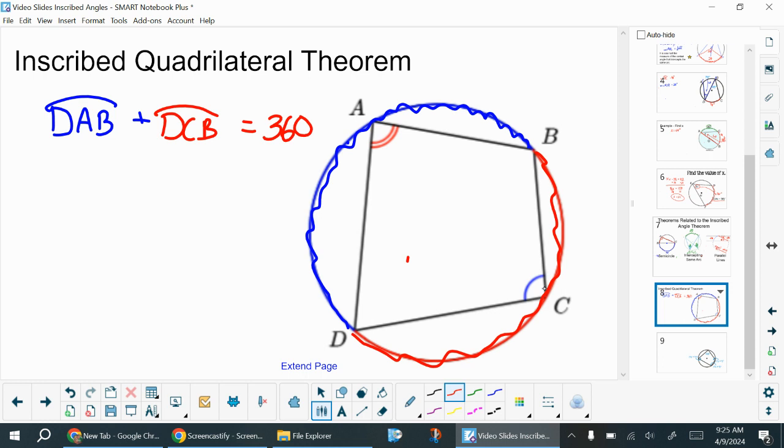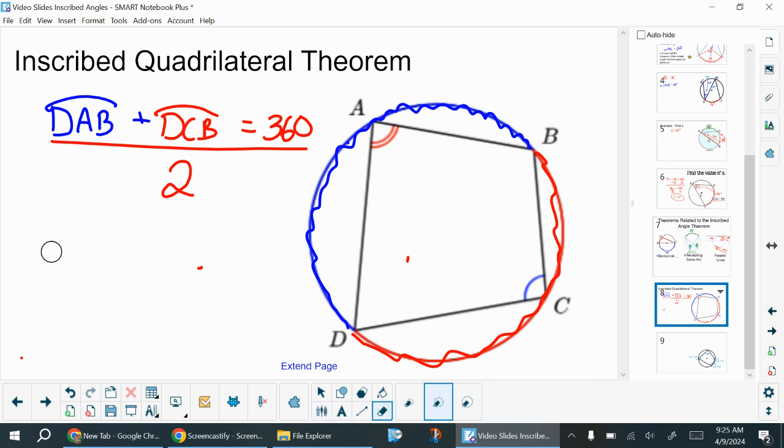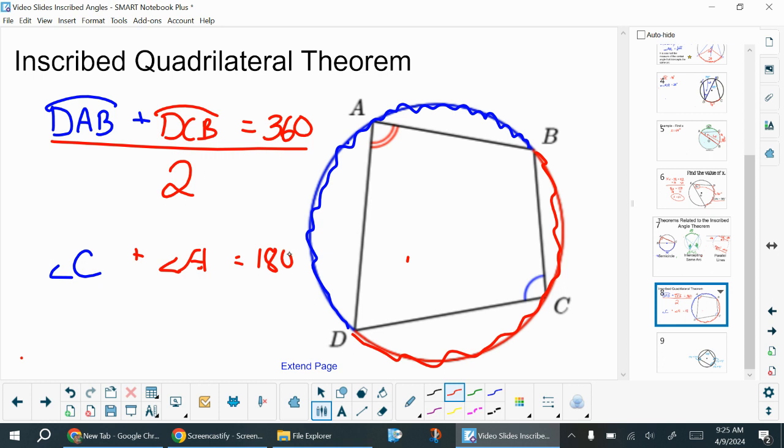If I look at the angles that are inscribed, that intercept those, well, we know the inscribed angle is always half of the arc. So I just took that whole thing and I'm going to divide it by 2, which means the inscribed angles, in this case angle C plus angle A, has to equal 180 degrees. Because the arcs add up to 360, the angles have to add up to 180.